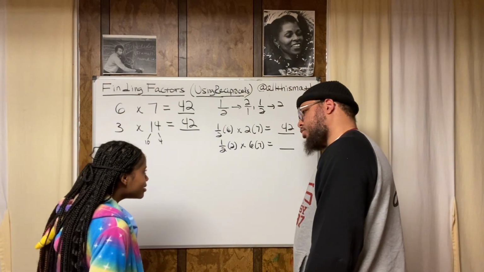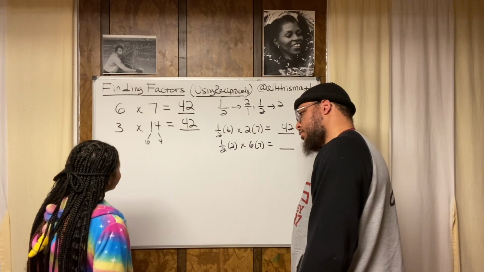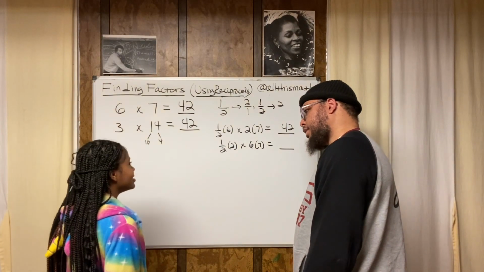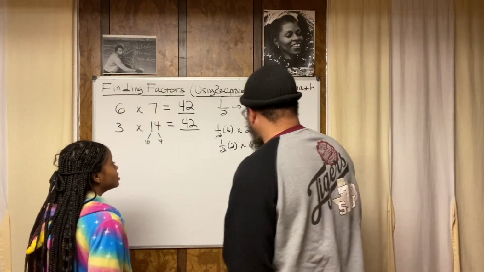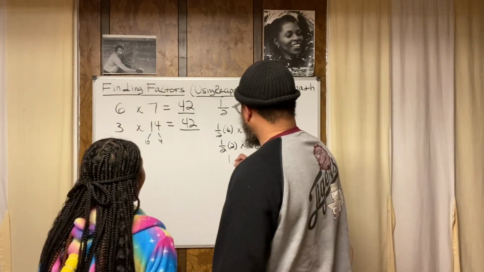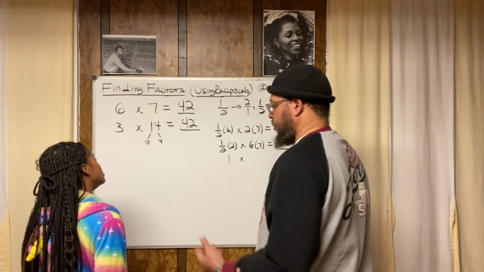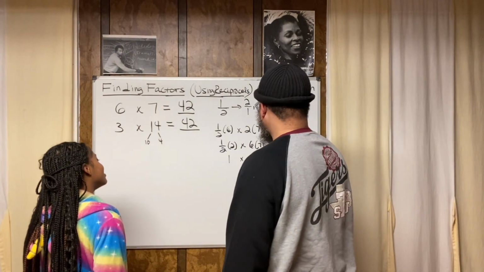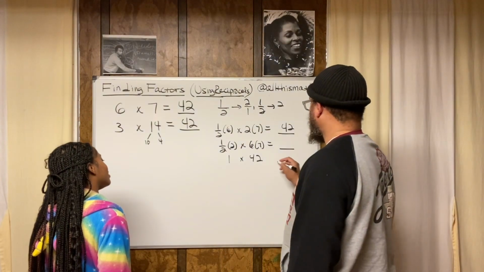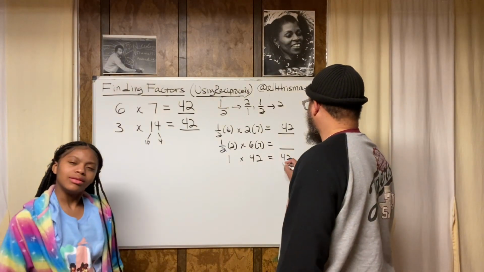If you've got 50 cents times 2, how is that going to be $2? Oh, it's $1. Exactly. 1/2 times 2 is 1. And what's 6 times 7? Redeem yourself. 42. Thank you. So 1 times 42 equals 42.